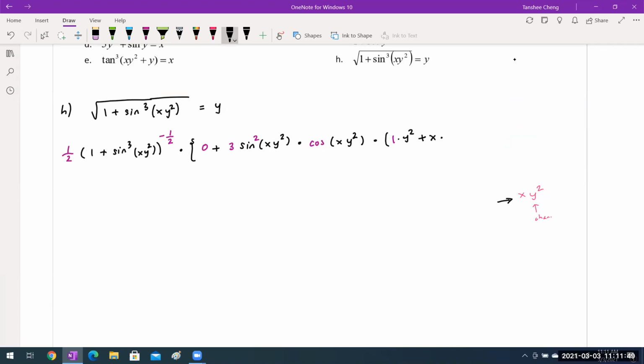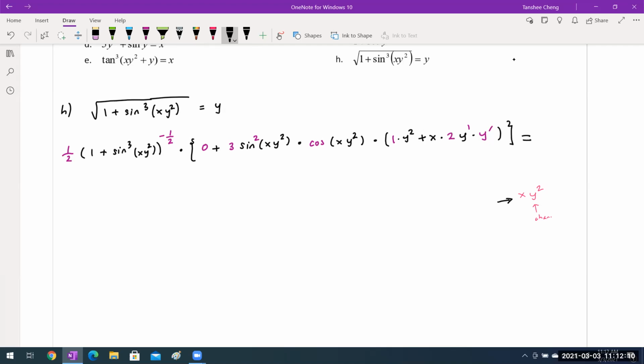So this will be bringing down the power and then y to the first power, and then times y prime, the derivative of the inner function. And that completes my derivative on the left-hand side.